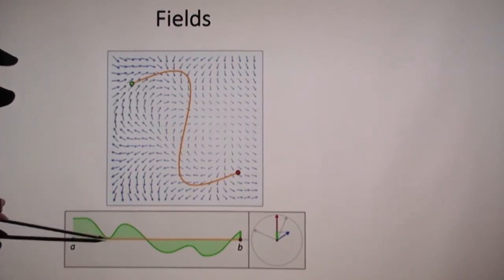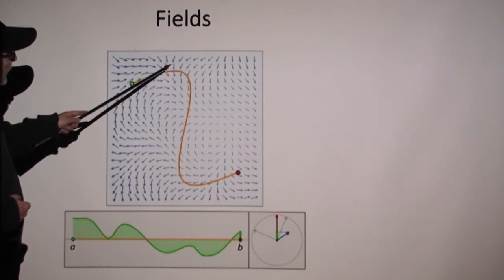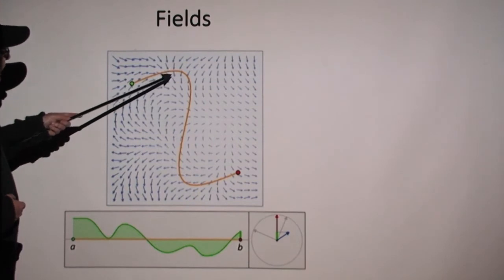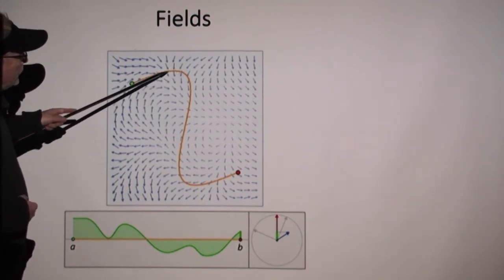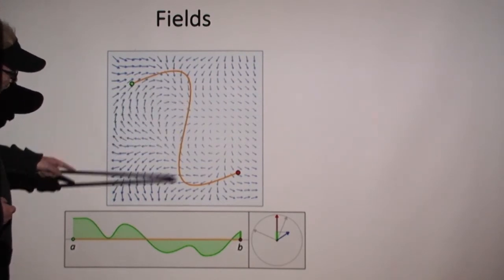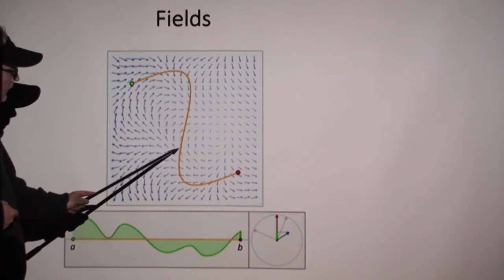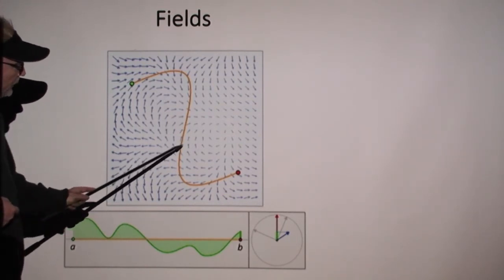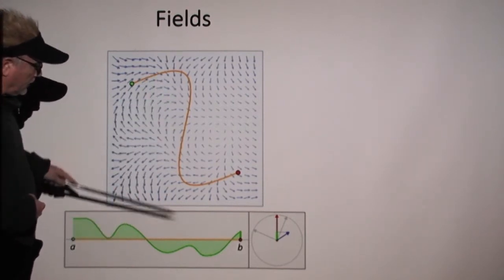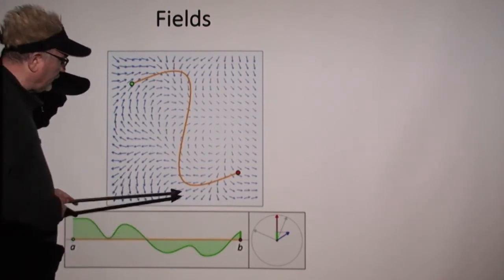On the other hand, here we get to zero because we arrive at that part where the arrows in the field are perpendicular to the movement of the particle. And here it gets even worse, because the vectors in the field are in the opposite direction to the movement of the particle. So it will have a strong influence against the movement of the particle.